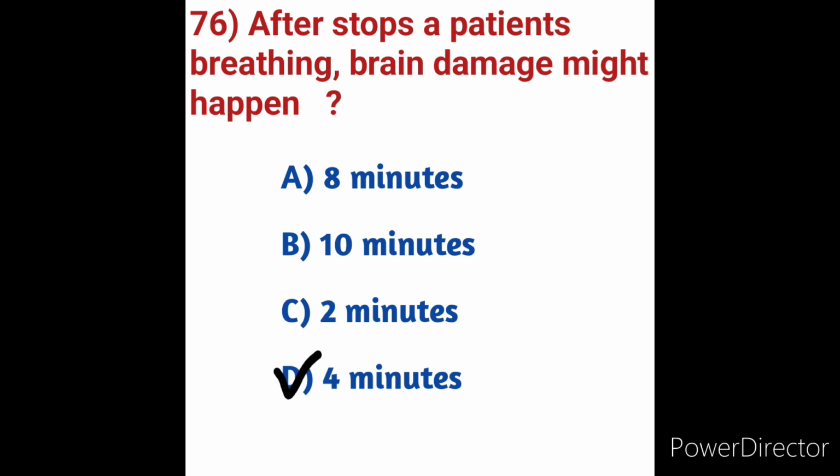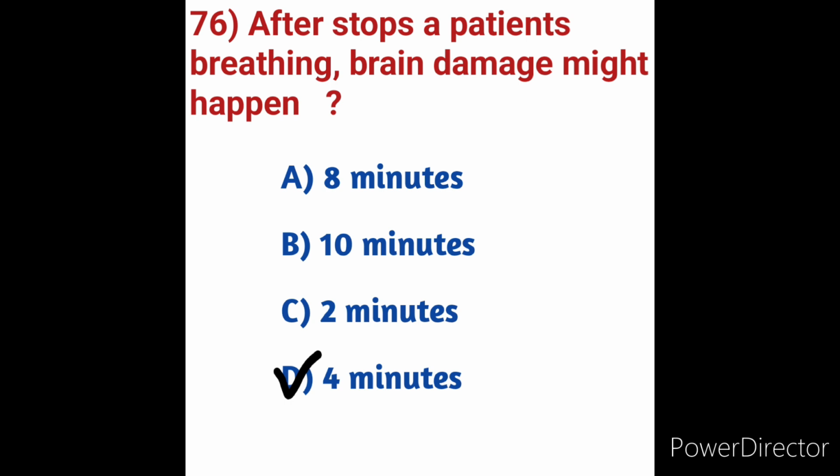Otherwise, if the patient is breathing but there is no pulse, immediately we have to start CPR. But this question is related to breathing and brain damage, so when the client stops breathing, brain damage might happen within 4 minutes. So here option D is the correct answer.